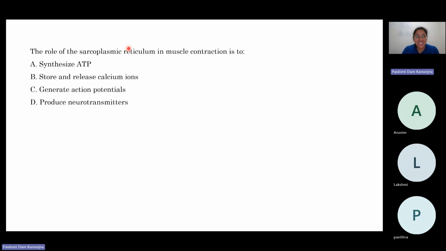Easy. The role of sarcoplasmic reticulum in muscle contraction is to do what? It's basically the previous part of the last question.